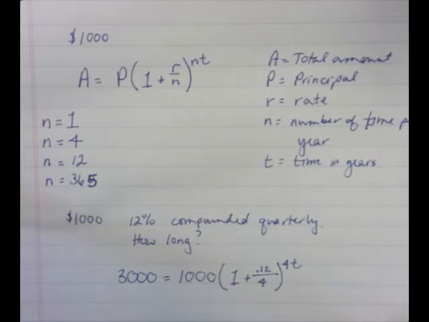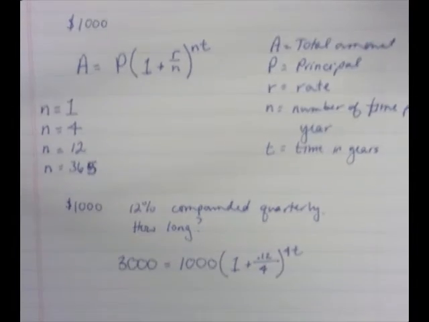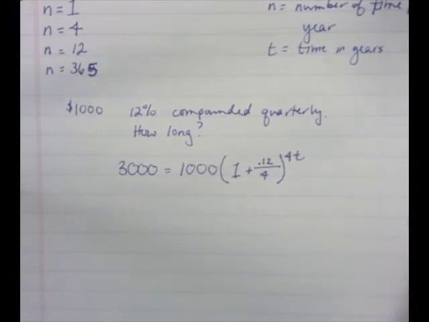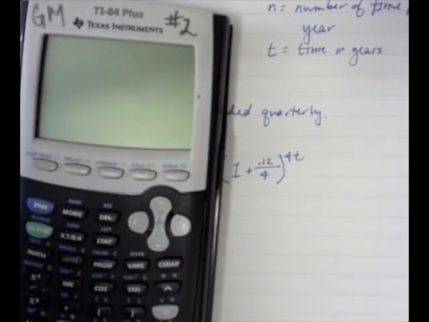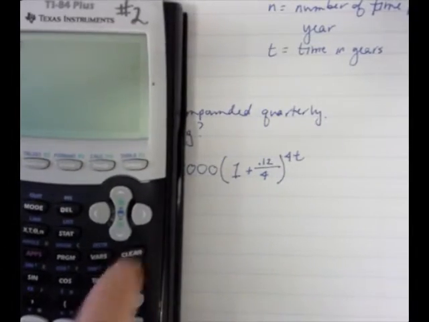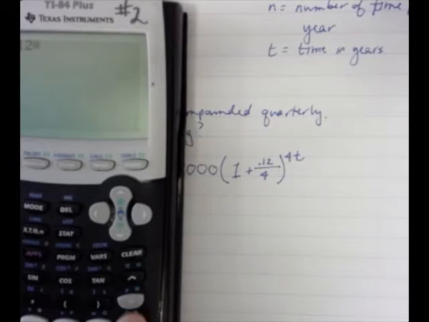So now I have all of this stuff. All I need to know is my T, and that's where we're going to use logarithms. But before we use logarithms, we're going to simplify this equation. The first way we can simplify is by using our calculator: 0.12 divided by 4 equals 0.03, so add 1 to that.